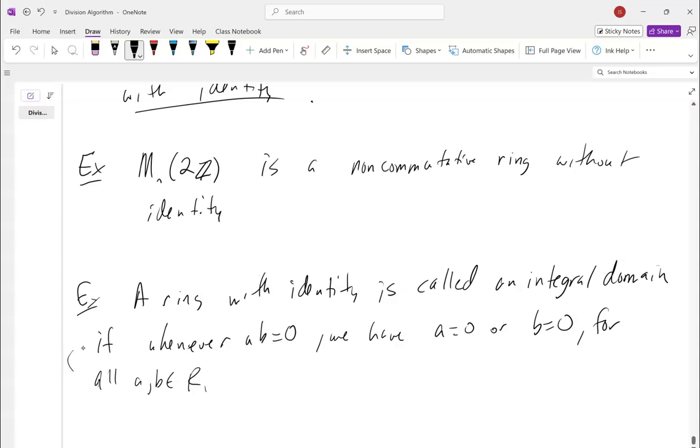The reason why we call them integral domains is because they make us think of the integers. You've already talked about another example besides the integers, which is an integral domain, back in Algebra 1 class when you solved polynomial equations, right? How do you solve polynomial equations? Set it equal to 0, factor, set each factor equal to 0. That's using the property that the polynomial ring is an integral domain.